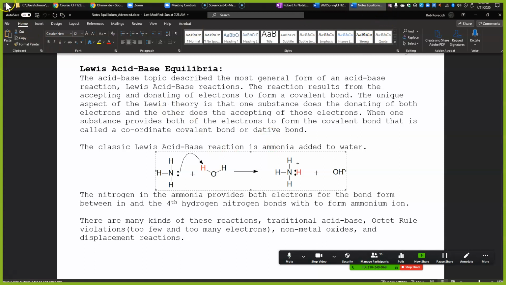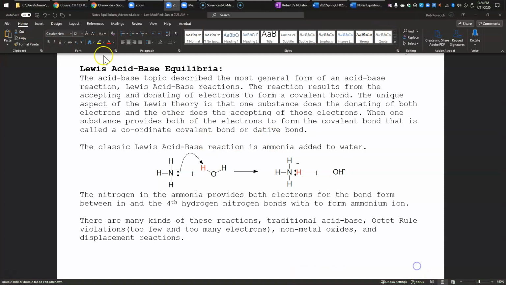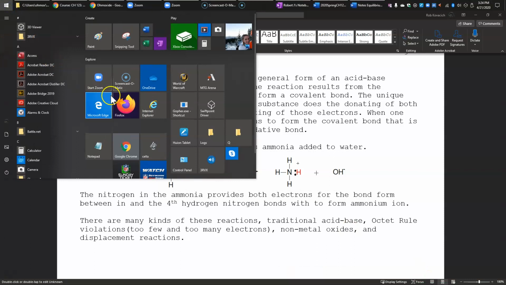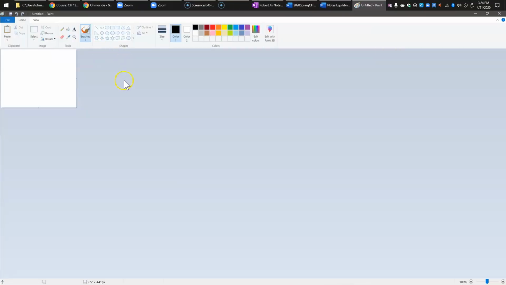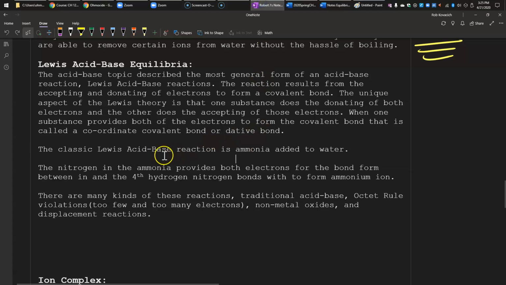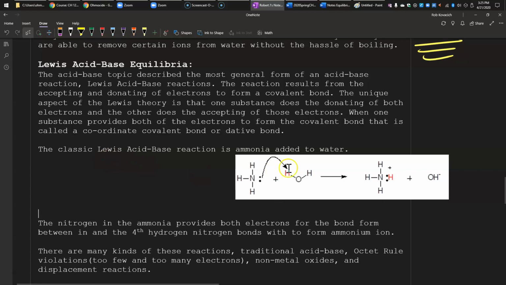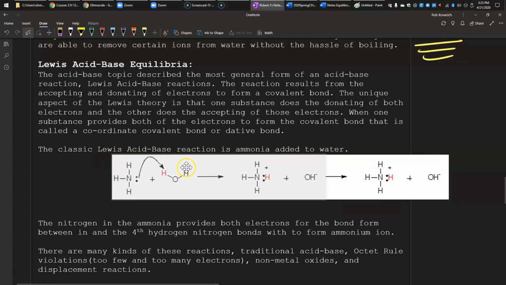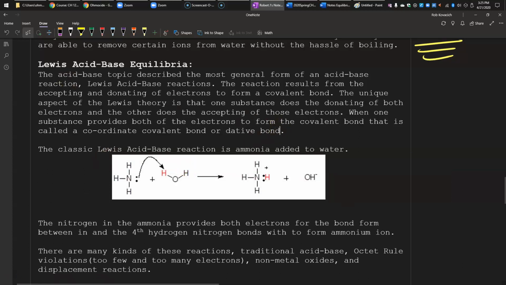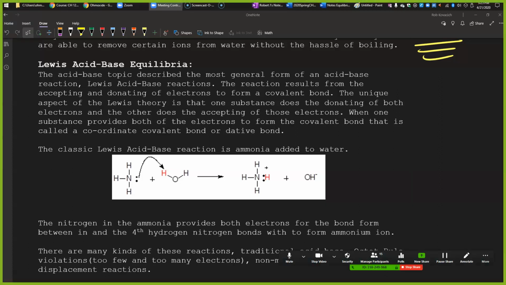Sorry, let me paint. Control V. That's tiny. Control A, Control C, Control V. Okay, well, that worked. I wonder why it wouldn't just let me straight away copy that.